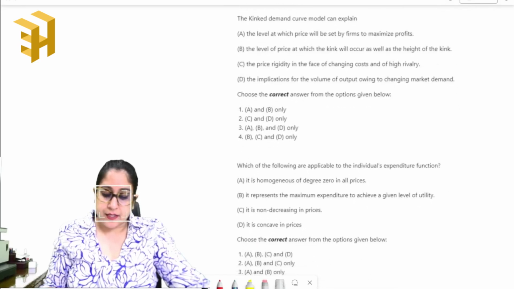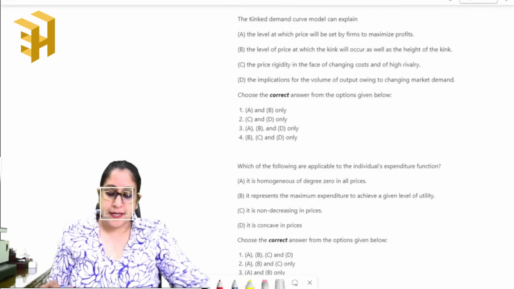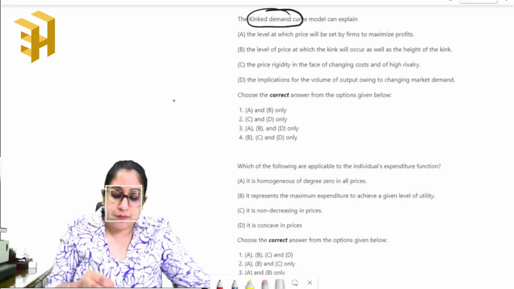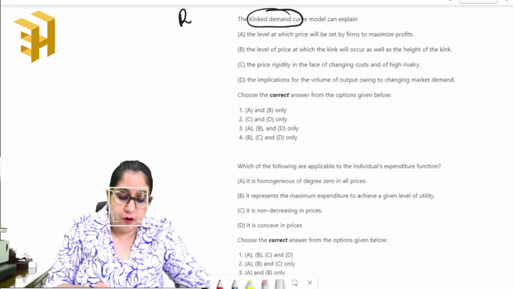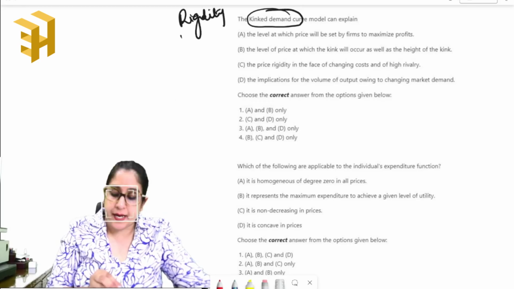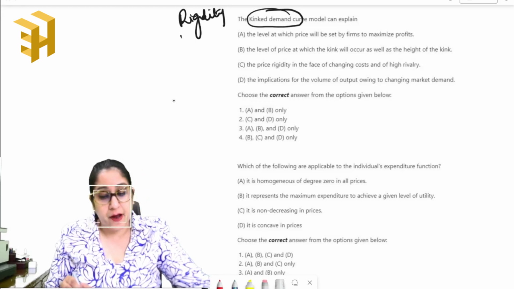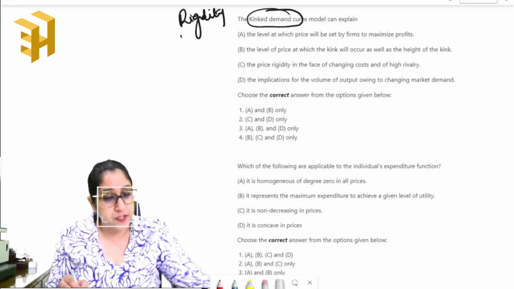Next, the kinked demand curve model can explain. Basically, this kinked demand curve explains the rigidity in your price and output, right? Now, this model explains the level at which price will be set by firms to maximize profits.